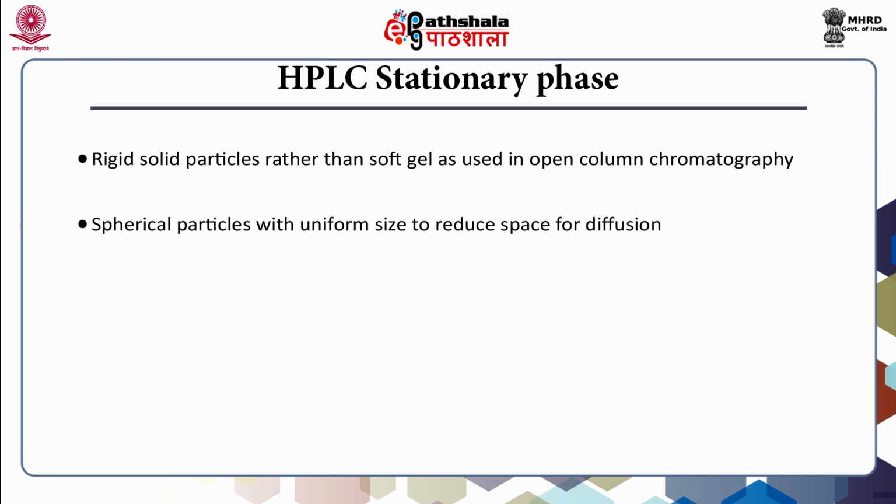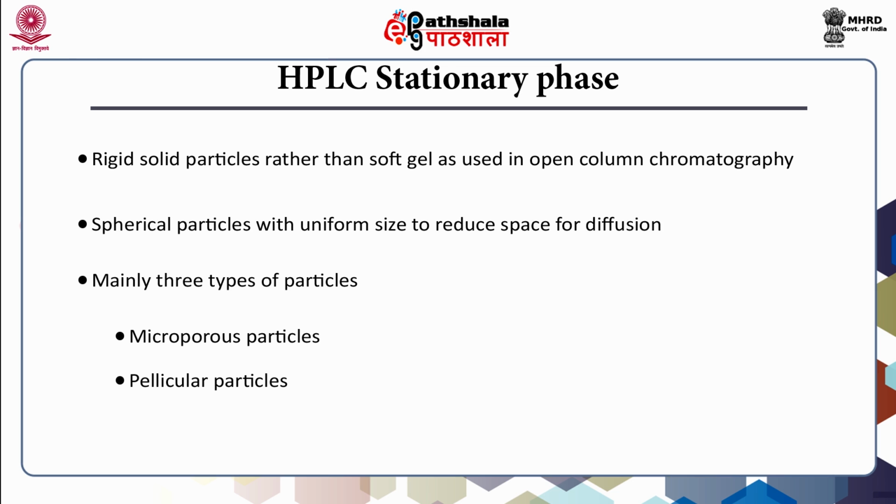So, what are the types of stationary phase particles? There are mainly 3 types of stationary phase particles. The first type is called microporous particles, the second type is called pellicular particles, and the third type is called bonded phase particles. Let us discuss these particles one by one.